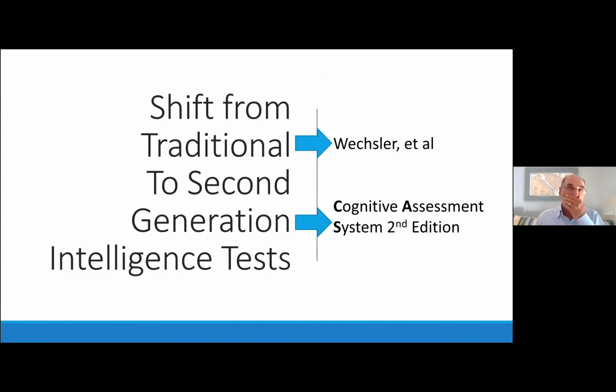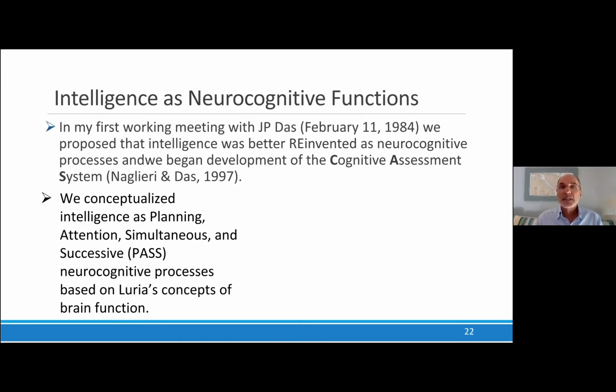So, if we're going to make this shift from traditional to second generation intelligence tests, what will we need to do?